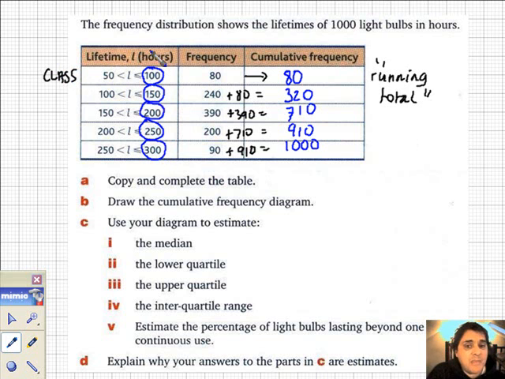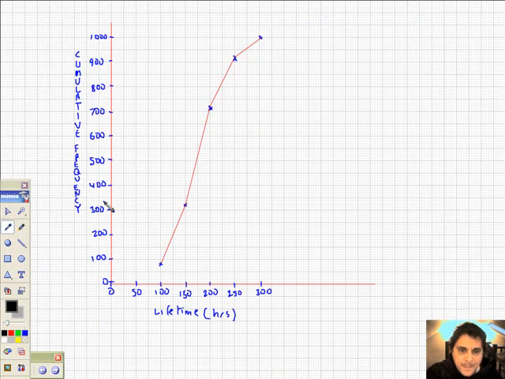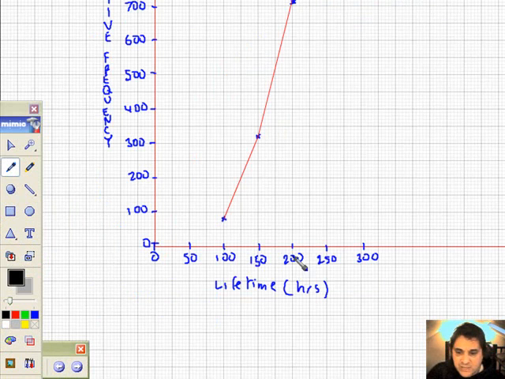You always use the upper bound of the class when plotting cumulative frequency diagrams. So the cumulative frequency goes along the y-axis vertically, and this goes along the x-axis horizontally, and that's what the graph shows. Let's study it again: 0 to 1,000 bulbs, cumulative frequency, 0 to 300 hours worth of lifetime.